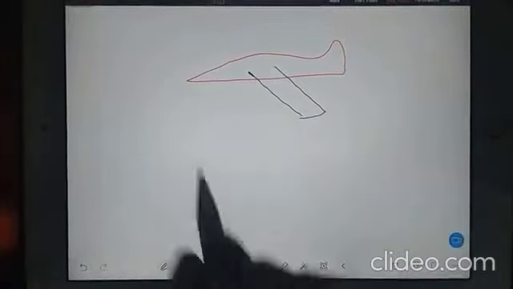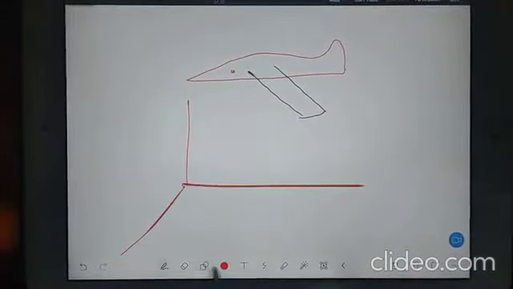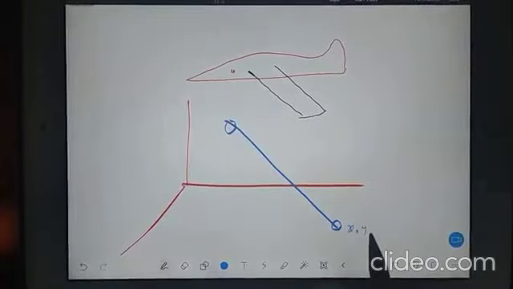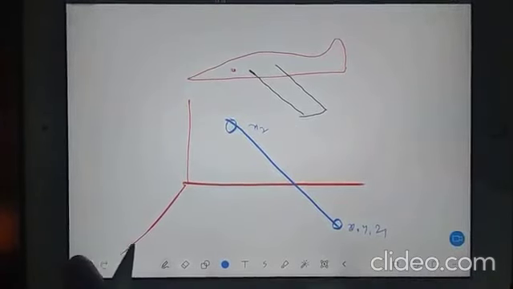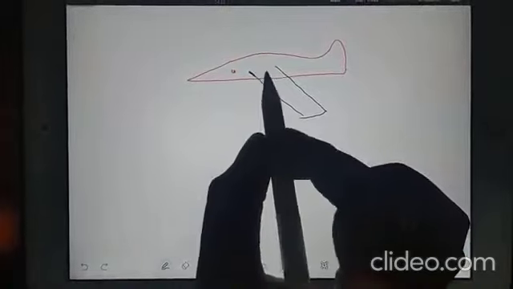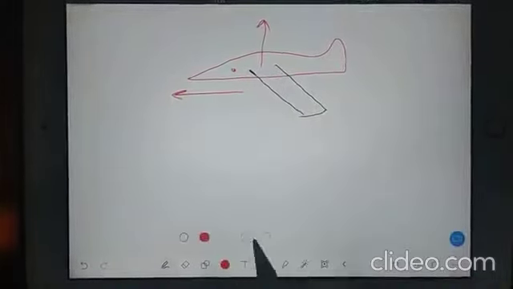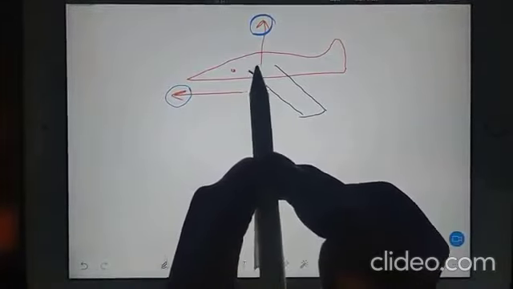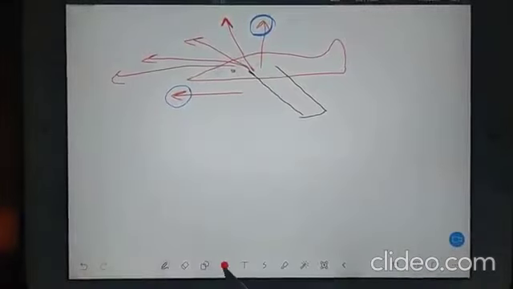Now you see, we have a complete aircraft. This complete aircraft has to go. If I draw the 3D diagram, 3D coordinates, from x1 y1 z1 to x2 y2 z2, so if the aircraft has to travel from this location to that location, then the aircraft should be able to produce motion in the front direction and motion in the vertical direction, and by the proper combination of both motions, we can produce our relative motion vector in this direction or in any direction.